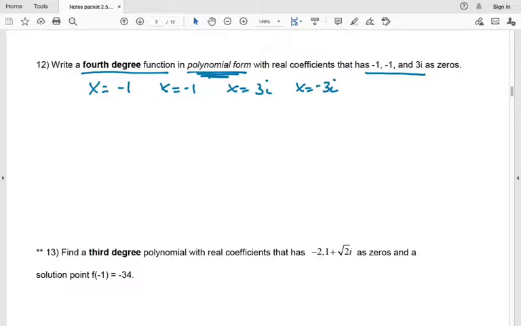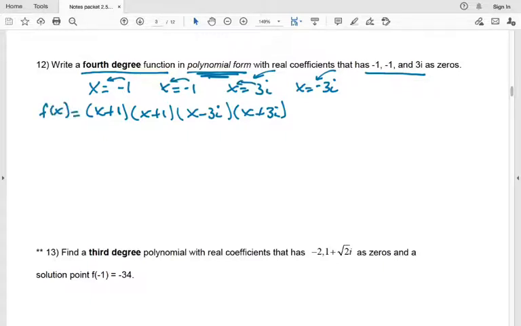So I'm going to put those in factored form. So that's x plus 1, and we've got another x plus 1, and then we've got x minus 3i from this one, and then we've got x plus 3i from this one when you move those over to be on this same side of the equal sign with the x. All right, so that's what our factored form is so far.